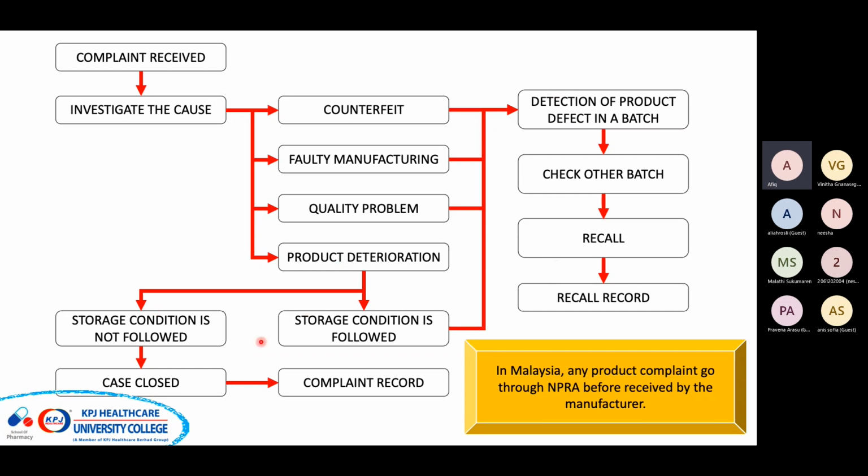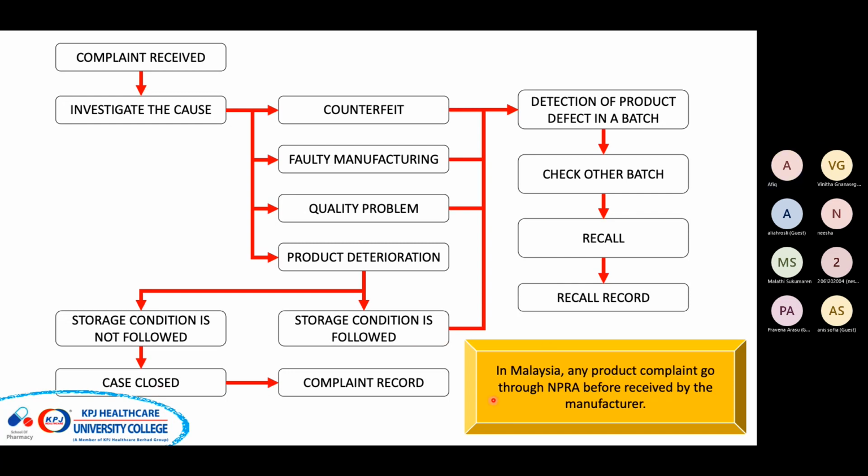But if the problems are proved to be caused by a different reason, for example, storage conditions not followed, then you will provide an alternative to solve that problem, and you can close the case for that complaint.